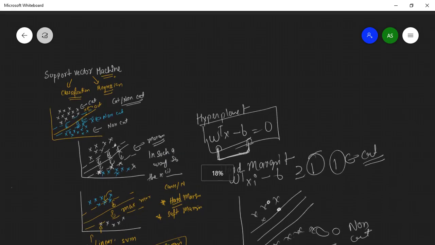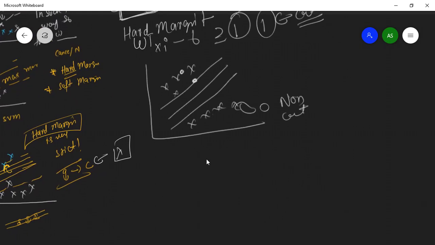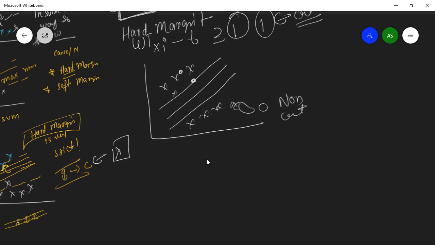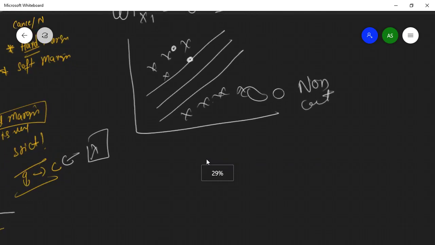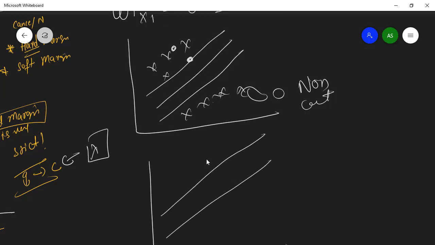Now let's dive a little bit further into the math, how it is actually constructed. Let's say you have made a straight line, and this margin, you can see over here, is defined by this hyperplane.